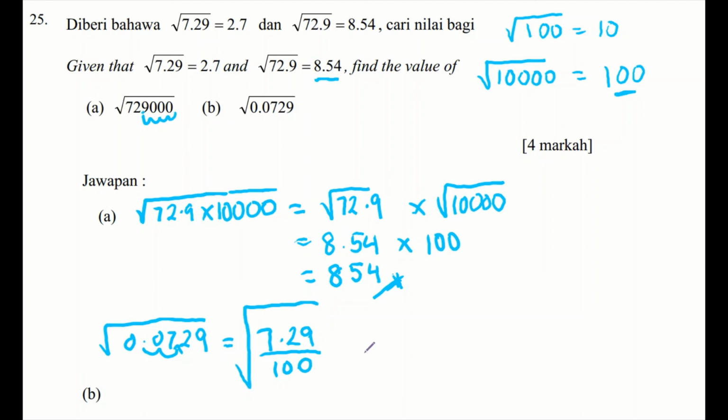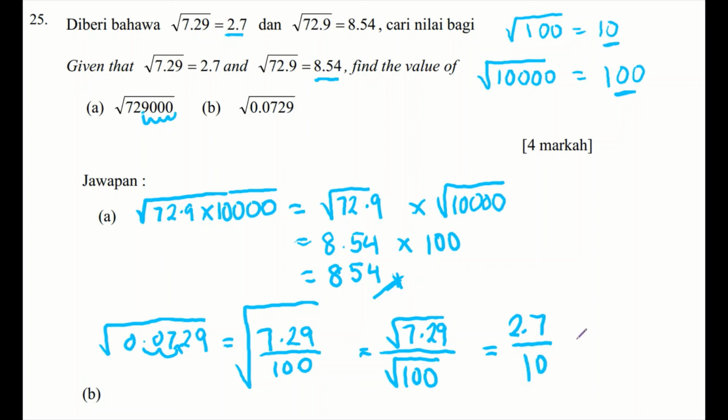This can also be written as the square root of 7.29 divided by the square root of 100. The square root of 7.29 is equal to 2.7, divided by the square root of 100, which is 10. So the final answer is 0.27.